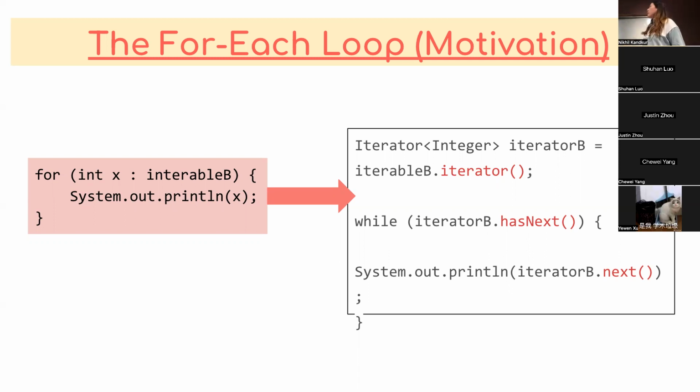While iterator B has next, we're going to print out iterator B dot next. And something important to note about this, and also something dangerous about iterators, is it only moves in one direction. It only moves forward. So for example, once iterator dot next has been called, or once the iteration has passed, you can't go back to it.